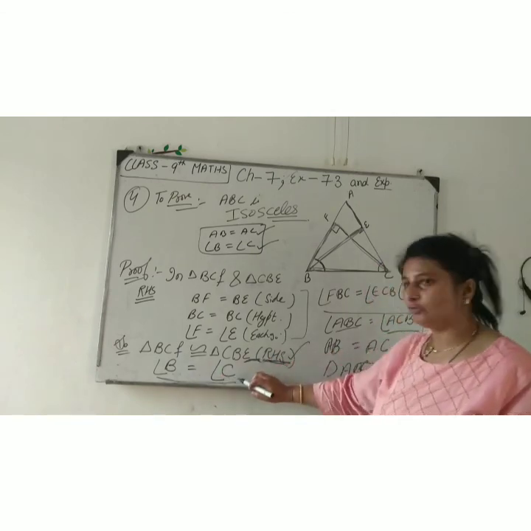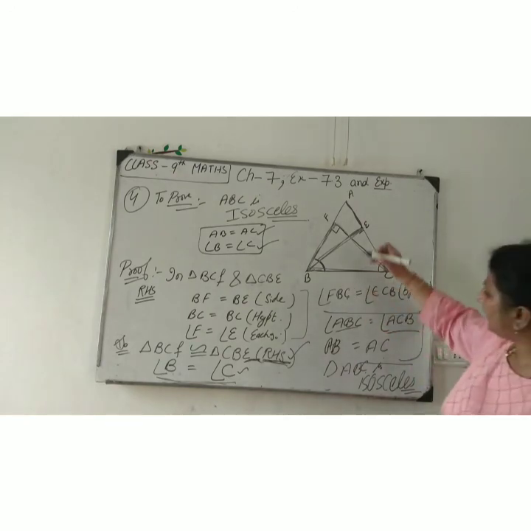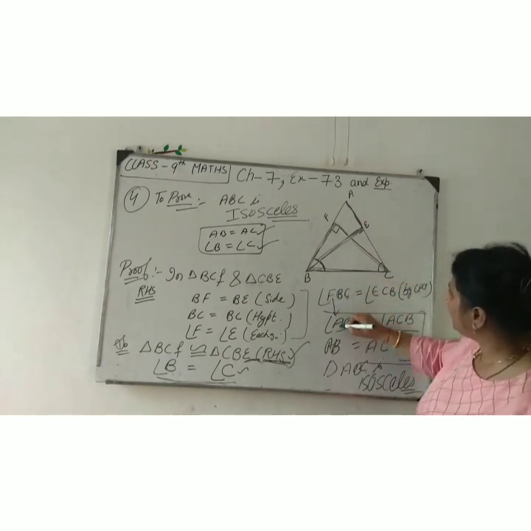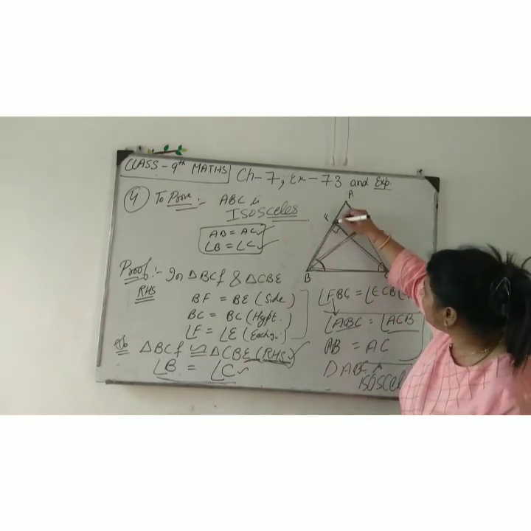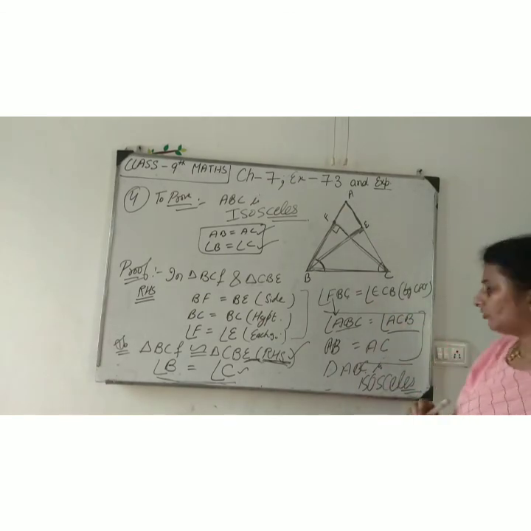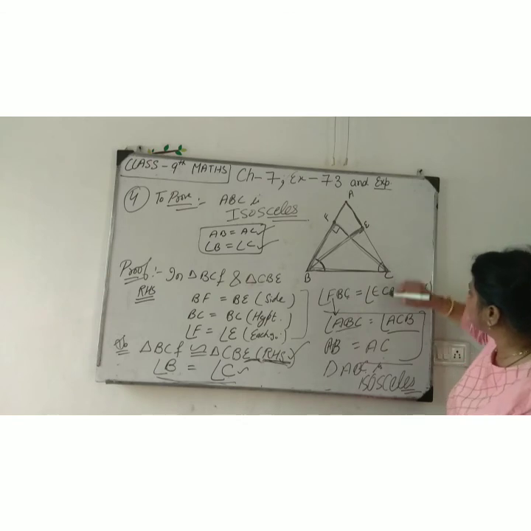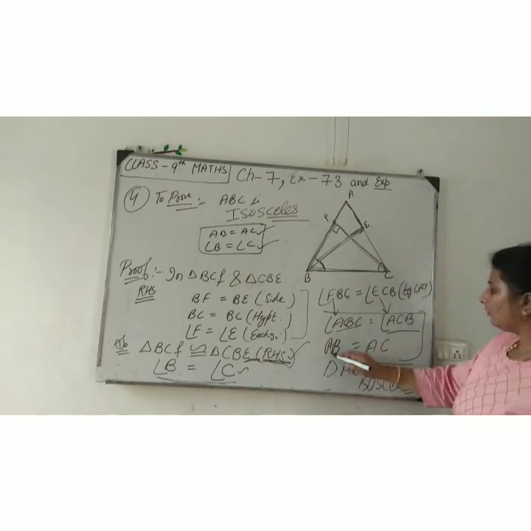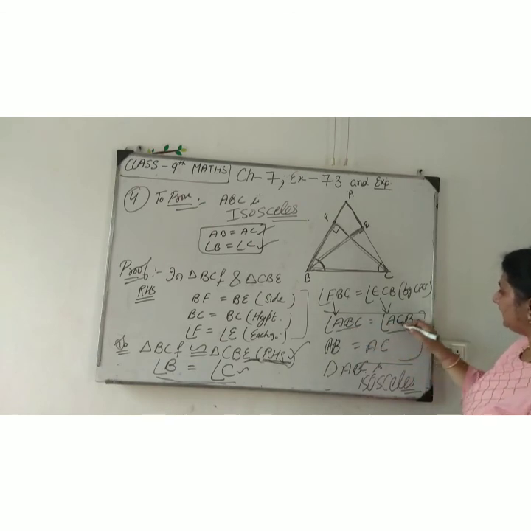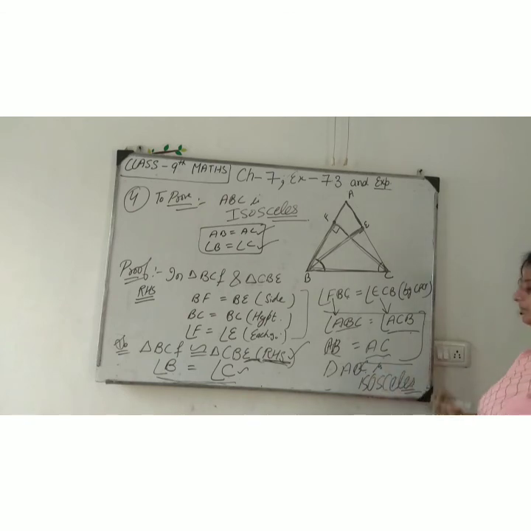After that, B equal to C. If you are not comfortable writing like this, you can write like this. Why am I taking A instead of F? Because F is a point on AB, so that's why I write A. Same here, E is a point on AC, that's why instead of E, I write A. So if angle ABC and angle ACB both are equal, it means AB equal to AC. So hence ABC is an isosceles triangle.